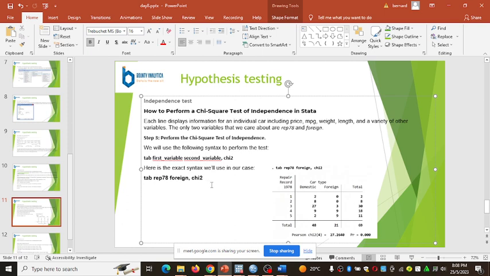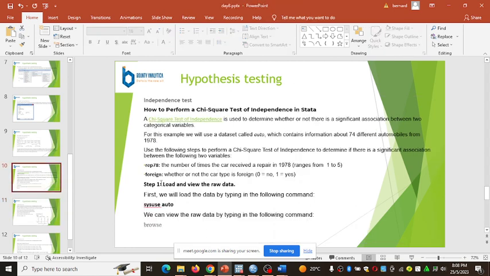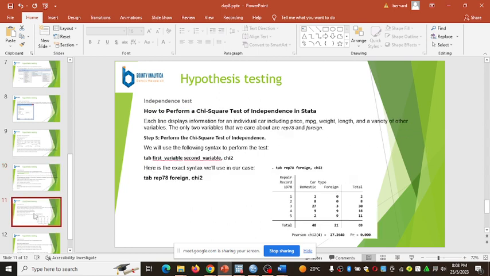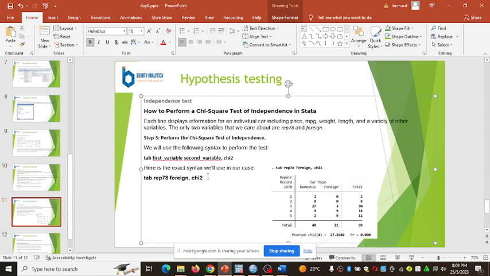The exact syntax that you will use is: we tab first variable, second variable, then chi2. So our first variable was rep78 and our second variable was foreign, so that's why we are going to use this part here.